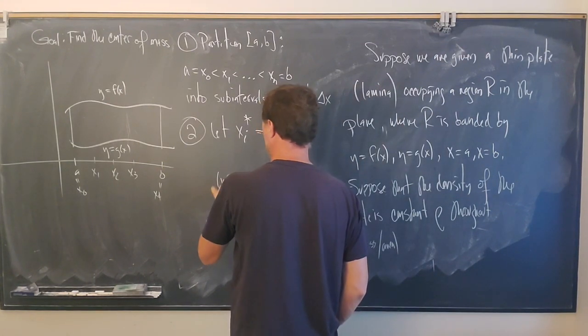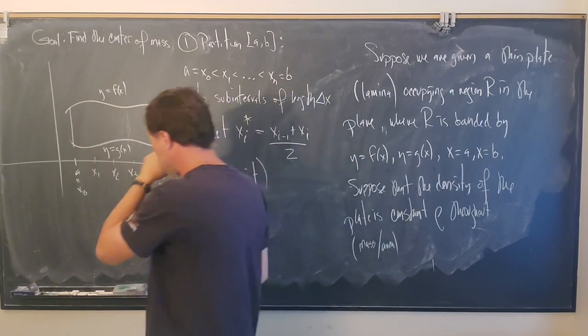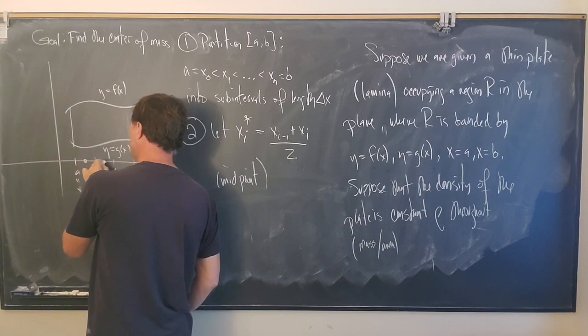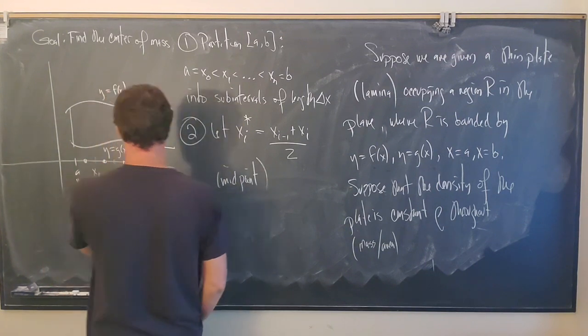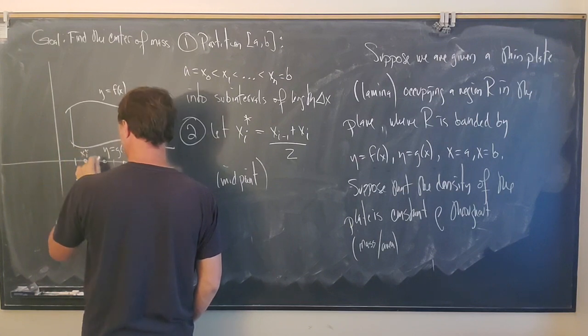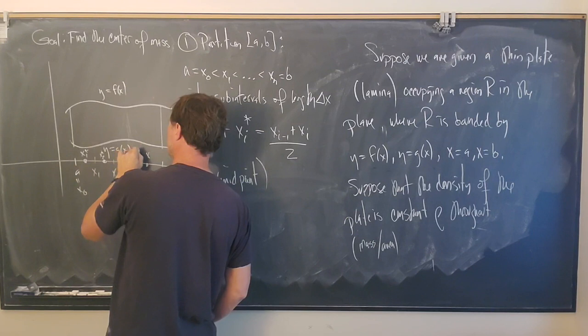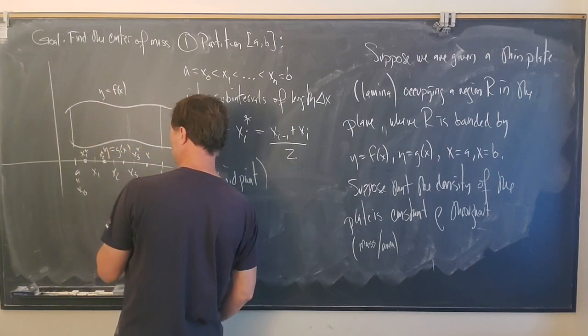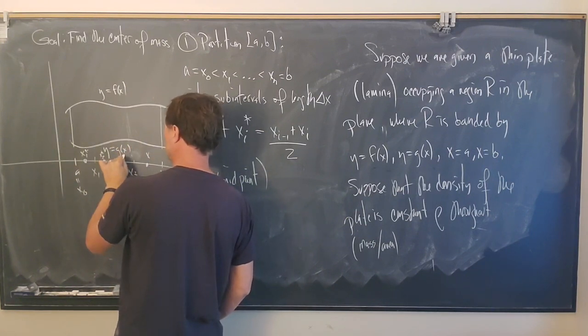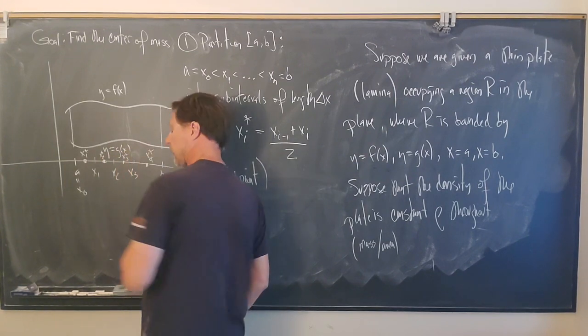All right, so that's a midpoint. So for each of these subintervals, go through and mark. So there's x1 star, x2 star. Sorry, my picture's a little bit crowded. There's x3 star. Whoops, sorry. x3 star is really down there. And then x4 star is right there.